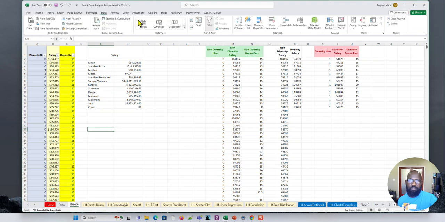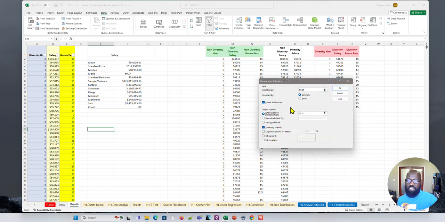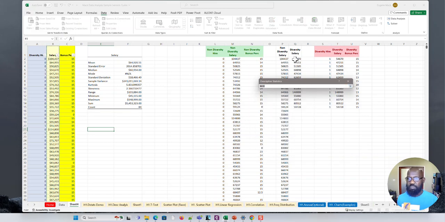Okay, so now we're going to follow the same steps we did before. So go to Data, Data Analysis, Descriptive Statistics. Select OK. Okay, what data am I interested in? I'm not interested in this data, all data in column B. I'm interested in this data in P and Q. So I need to select these two columns.